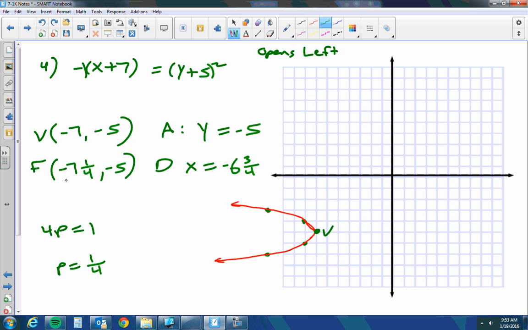These 2 points are both on the axis. And then this point and this line are equidistant from the vertex. This point was 1/4 to the left of the vertex. This line was 1/4 to the right of the vertex. Now, watch this. If I wanted to actually draw it, the latus rectum is just 4p, which is 1 in length.